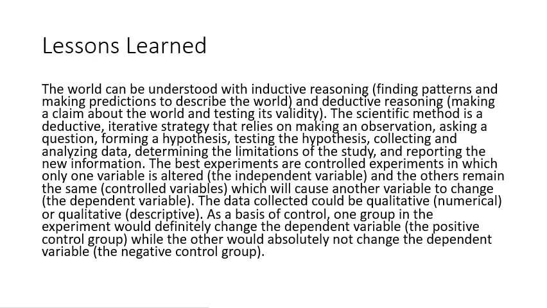These experiments should be controlled experiments in which you have one variable that's changed, the independent variable, that will impact another variable that you're measuring, the dependent variable, and then all the other variables remain constant. These are known as controlled variables.